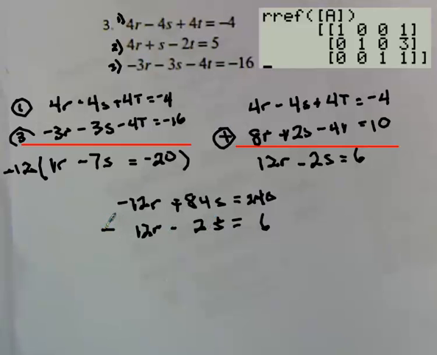And I add those two equations together. So here I'm going to get 82s. Let's try that again. That didn't really work all that well. 82s equals 246.